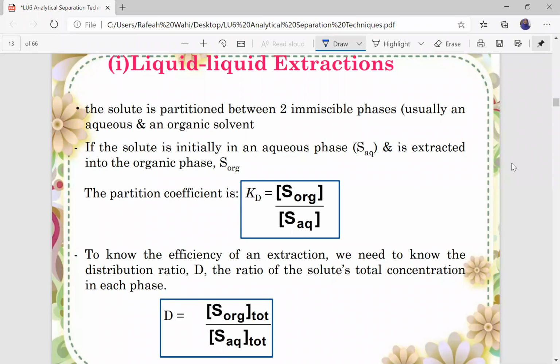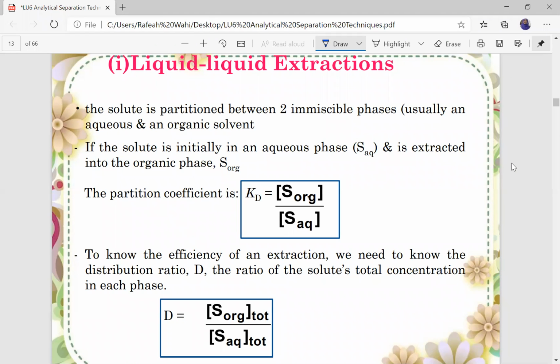When we talk about liquid-liquid extraction as well, the solute is partitioned between two immiscible phases, as has been discussed just now, which is usually an aqueous and an organic solvent. Just now we had one example of a water sample containing pesticide. That one is the aqueous phase, and hexane is the solvent, which is the organic solvent.